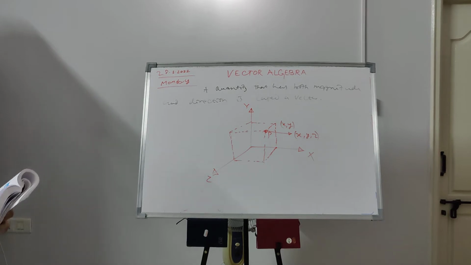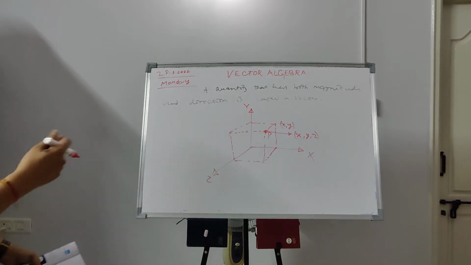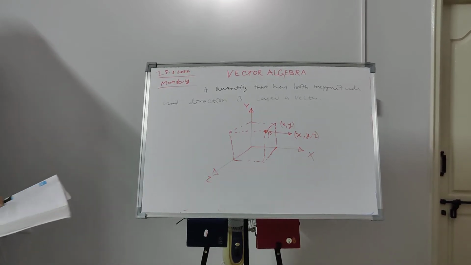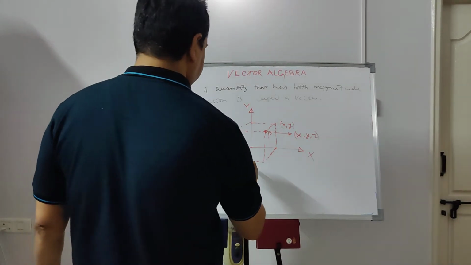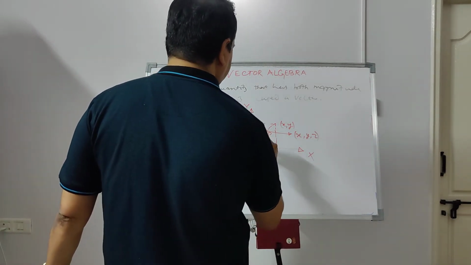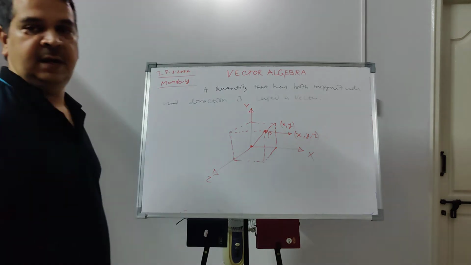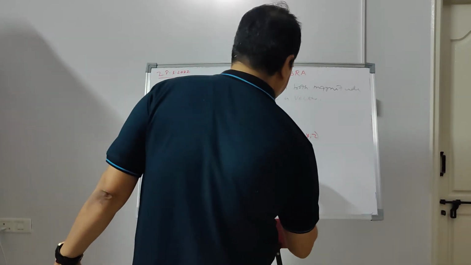That means this is called the position vector of the point P. So what is the position vector of this point P? That position vector will start from O and it will go till the point P, right? So this is my vector OP.